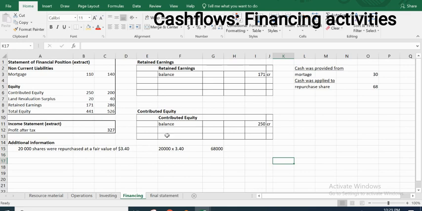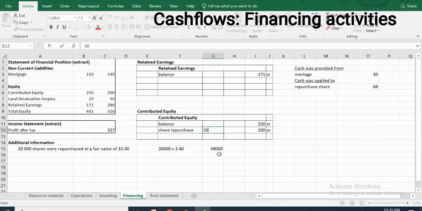So first of all, if we look at the contributed equity account, it's gone from 250 down to 200. Put the closing balance in here of 200. That there is going to be our share repurchase. So my workings, and that will be 50.